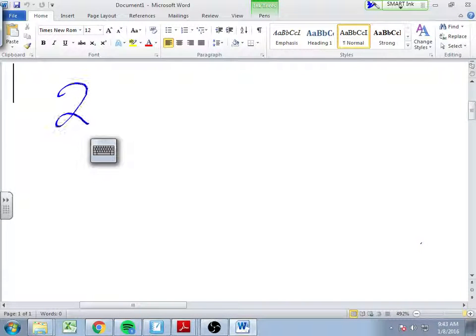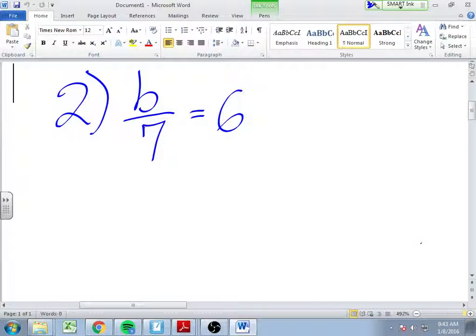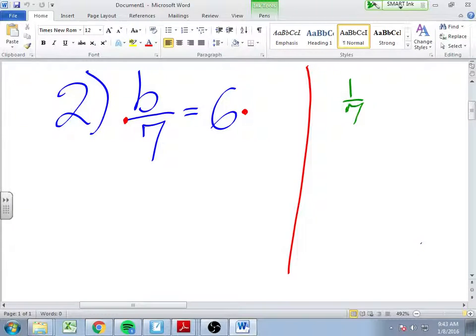Our next one, number 2, is B divided by 7 equals 6. If that's hard for you to think of, whenever something's over top of something else, it's division. So, Mr. Besaw, what would we do here? Multiply by the reciprocal. Okay, that can be right, but I'm going to show both ways. B divided by 7 we could also write as 1/7 B equals 6.